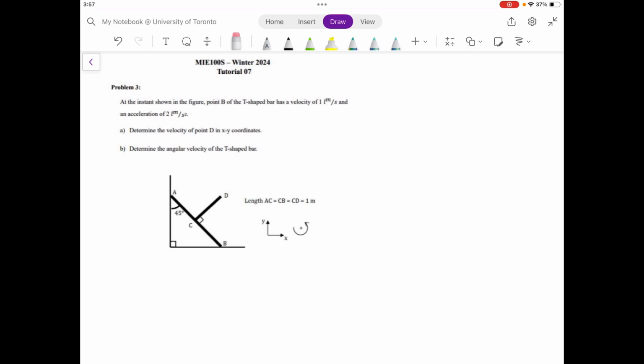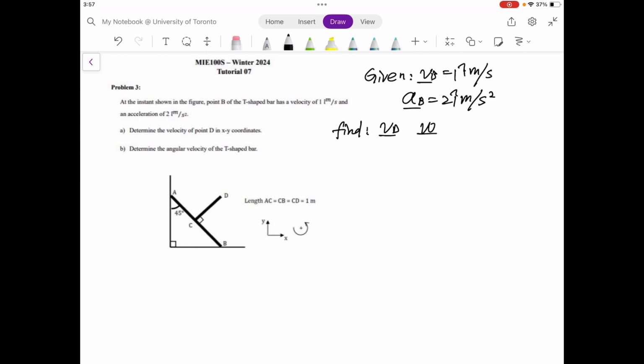So we already have the velocity of point B, which is 1 I meter per second, and acceleration of B is equal to 2I meter per second square. So we need to find Vd and omega.